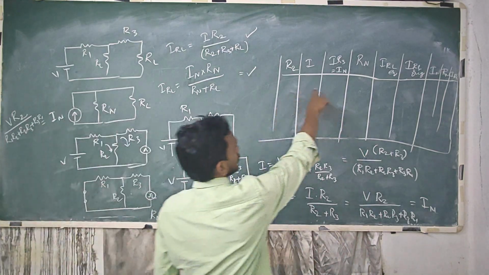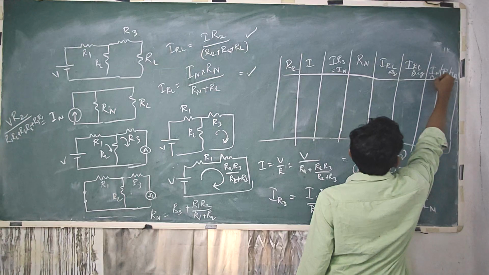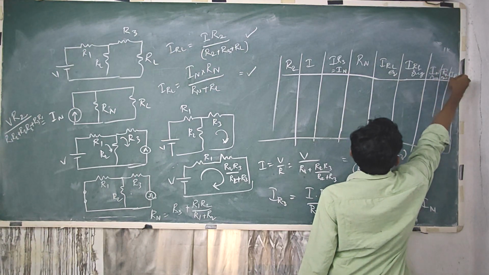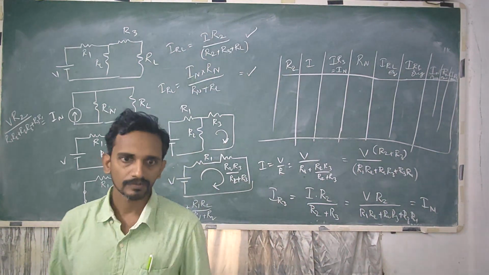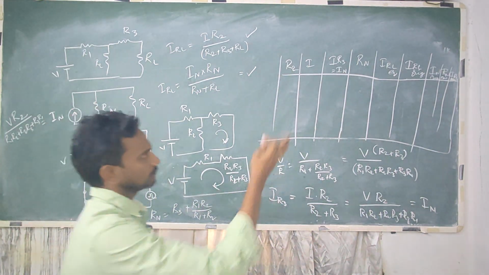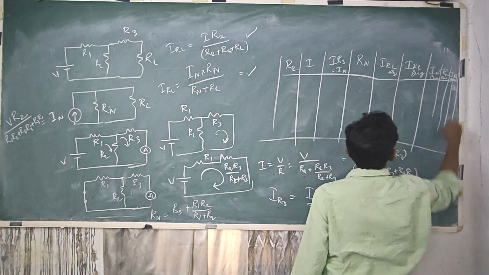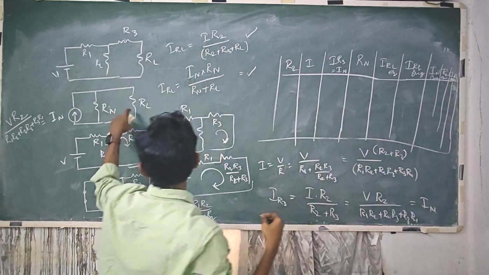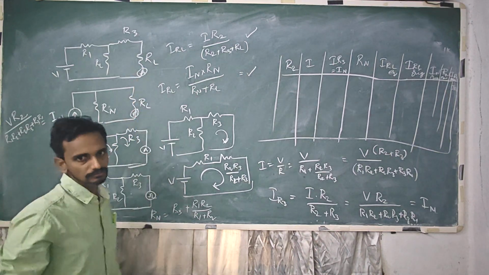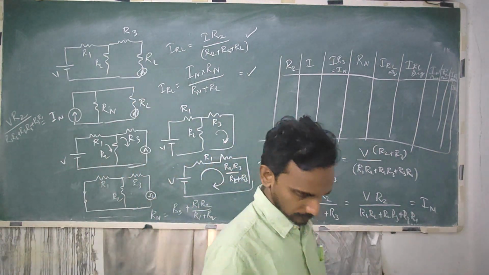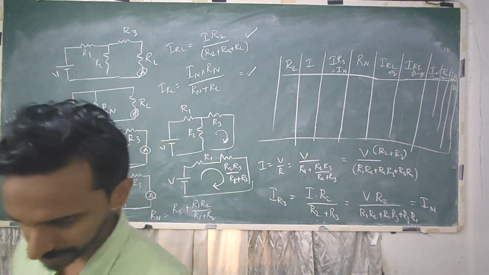So these are all the calculated values on Excel. These are the measured values. IRL can be obtained from two circuits, this one and this one. Okay.